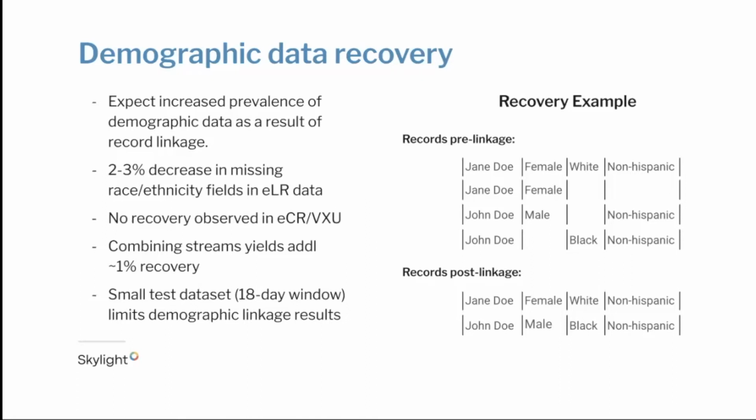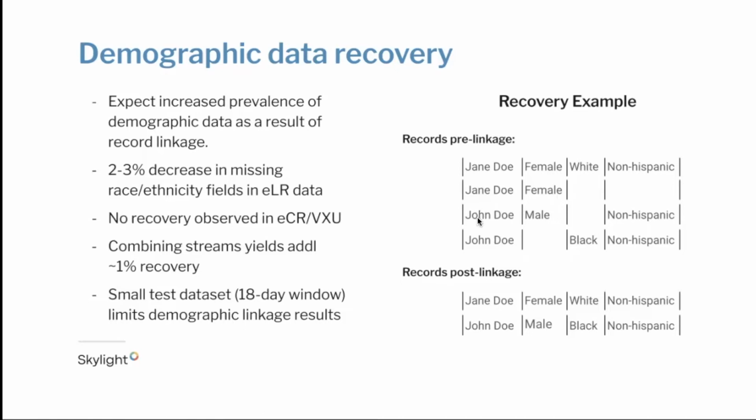We have some of our results from this small pilot on the left, but as an example of how this process works, on the right, this is just a suggestion of what HL7 V2 data looks like. On the right, we have two different records for a Jane Doe. The second one is missing their race and ethnicity.